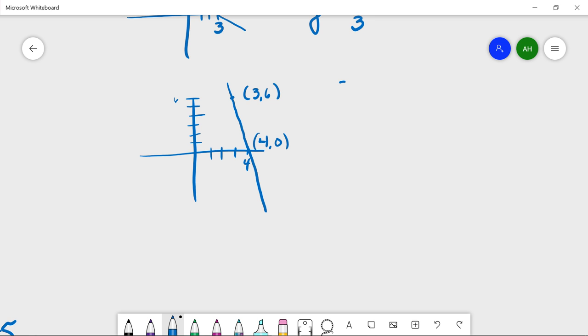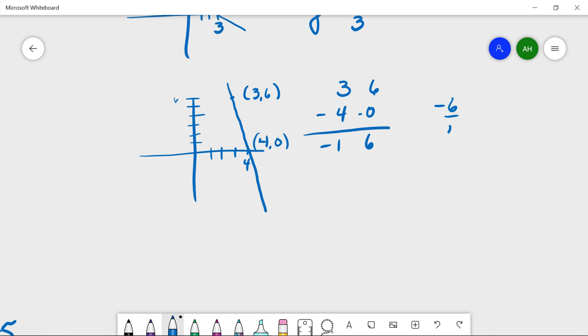If I subtract them, my change here is -1 and my change here is 6. So I'm rising up 6, I'm running over 1, so my slope is going to be -6 over 1.